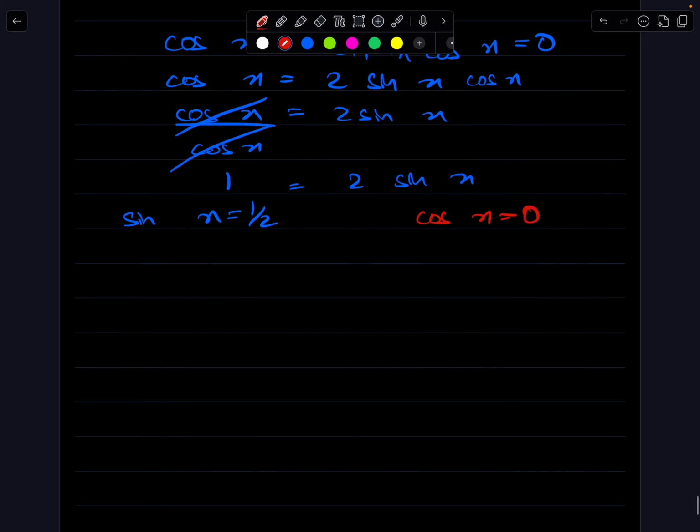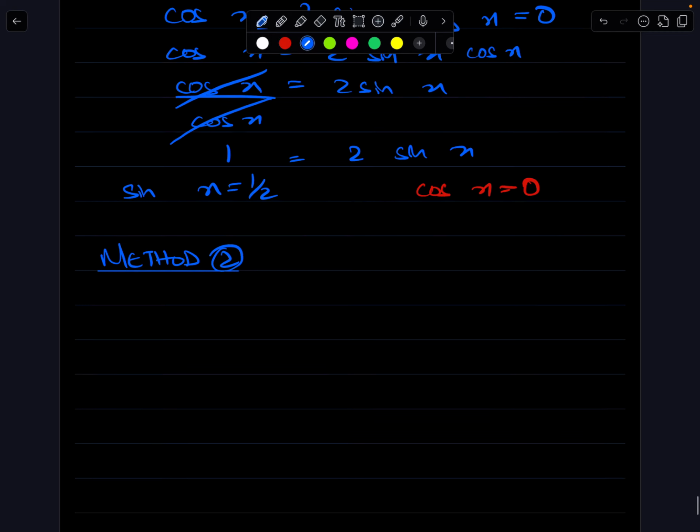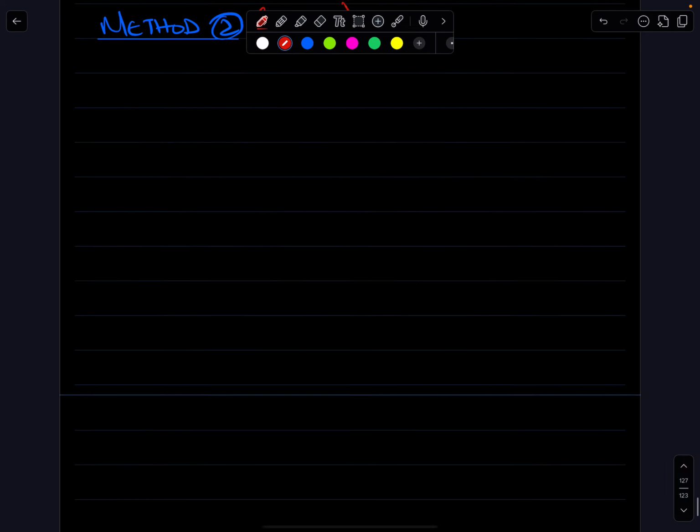But let's now consider method number 2, which has significantly less chance of error since it does not involve cancellation but rather only taking common. So I'll just write preferably. So method 2 would look something like this. This is my original equation.